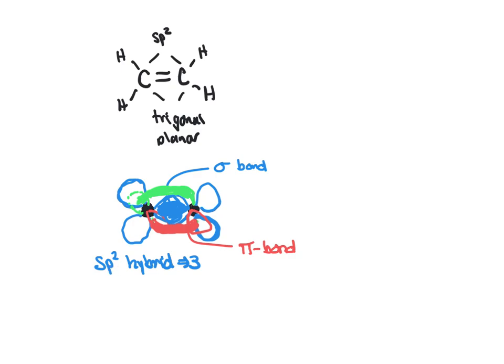Pi, P, has two lobes, one positive and one negative, that are above and below. So the naming of these bonds, or these orbitals that contain the electrons that are making those bonds, is analogous to S and P, just using the Greek letters sigma and pi.